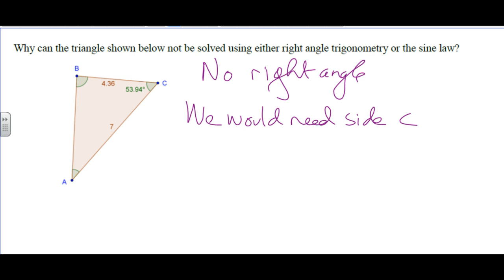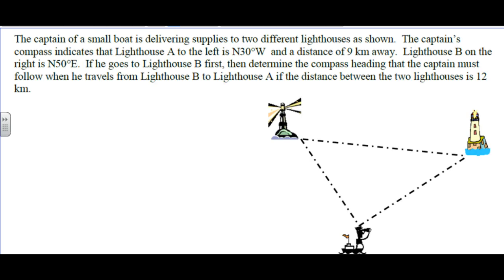Question: do we get the formula on the formula sheet for the cosine law? You get the two forms of the cosine law: c squared equals a squared plus b squared minus 2ab cos C, and cos C is equal to a squared plus b squared minus c squared over 2ab. You don't get all the forms of the formulas, but you get both cosine laws and you get one sine law, but you can always just flip that over.